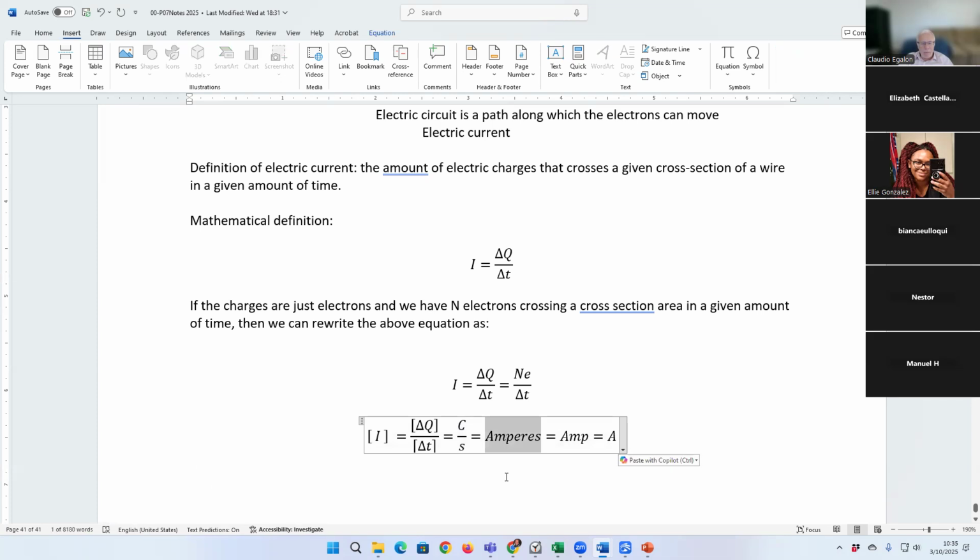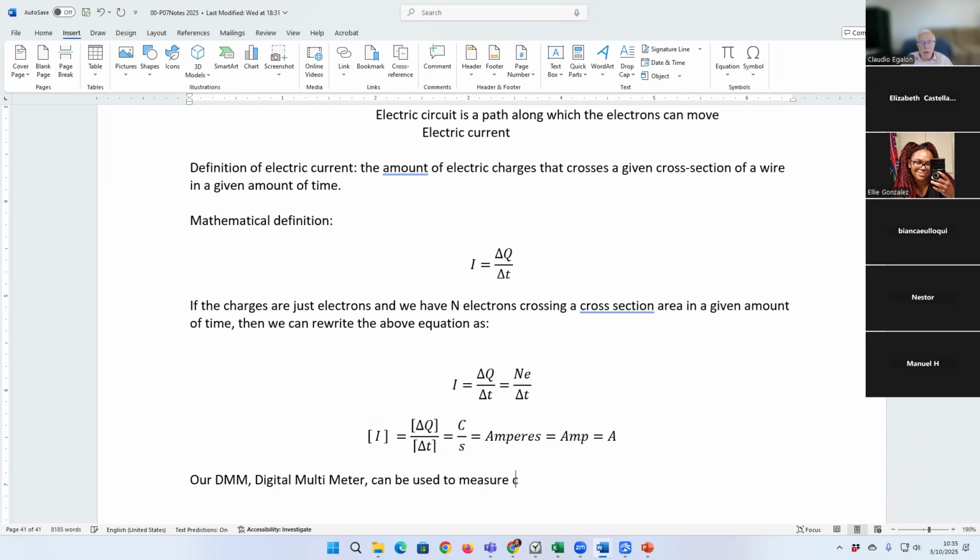We call it amperes or amp, represented by the single letter A. A DMM, digital multimeter, can be used to measure current in a circuit.